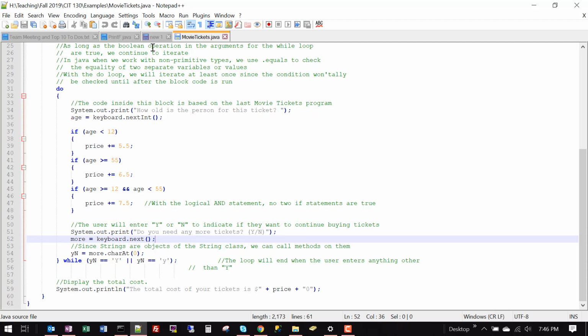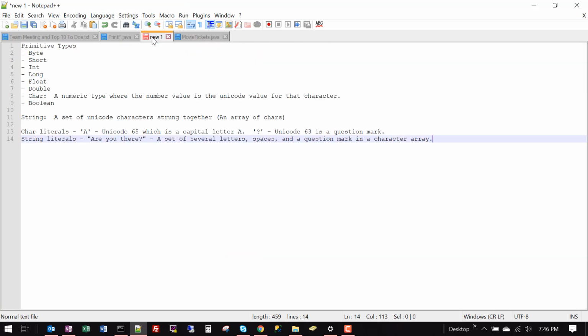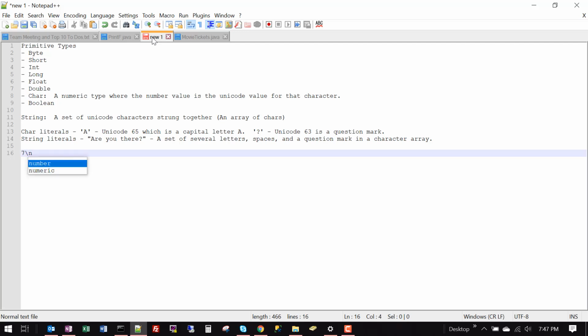So going back to our notes page, the way it actually works is when I type in my age, what I really do is type in the age and then hit return.